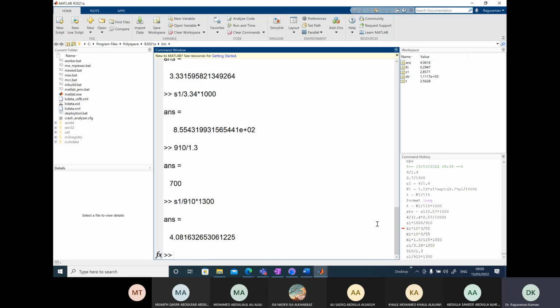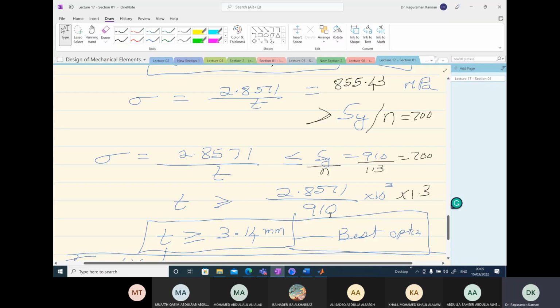That will give us directly in millimeters, 4.08. So let's take it as 4.1 millimeters. So with the factor of safety, the thickness must be at least 4.1 millimeters.